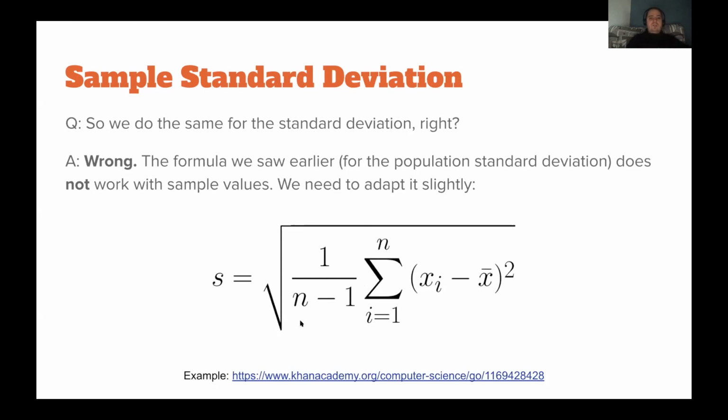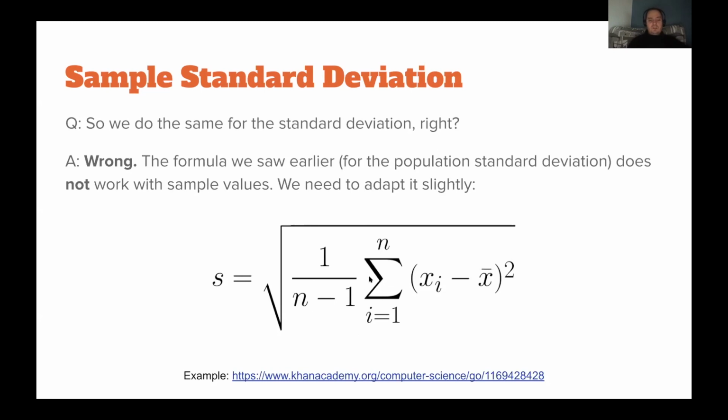This is something you will see in spreadsheets and so on. All the time, you will see that there's an option to determine whether you want the population standard deviation or the sample standard deviation. And if you have a sample, then you should use the sample standard deviation, which is this one. All right.